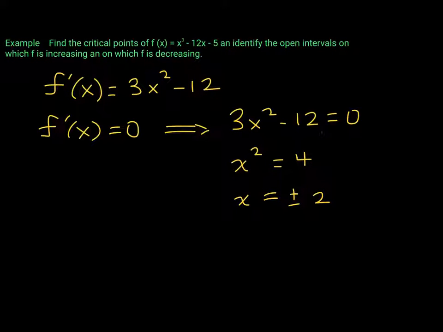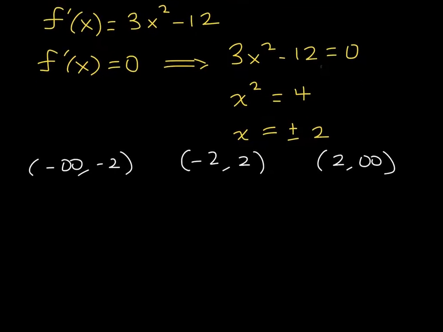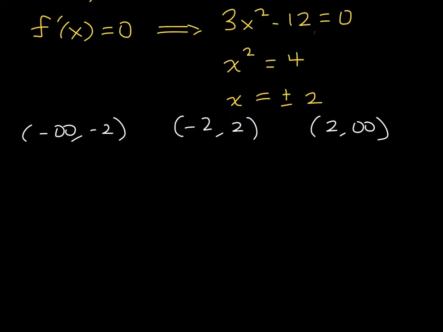So the first interval is from negative infinity to negative 2. There's another interval from negative 2 to positive 2, and then a third interval from 2 to positive infinity. So these two critical points created 3 intervals.